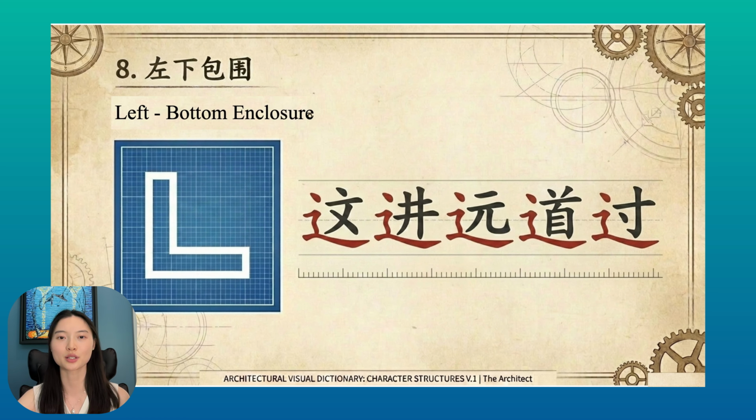They all share 走之旁, the walking radical. Anything wrapped by 走之旁 has something to do with movement, roads, or distance. And here's the surprise we'll prove next episode. Even though 走之旁 sits on the left, it's written last. The passengers get in first. The road is paved underneath.